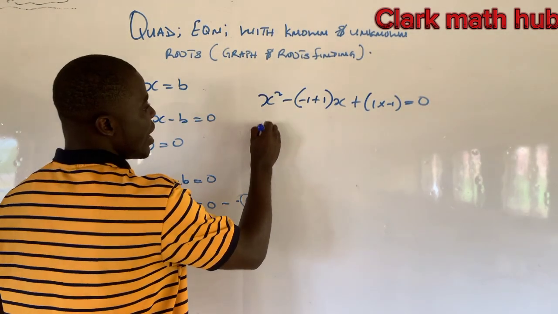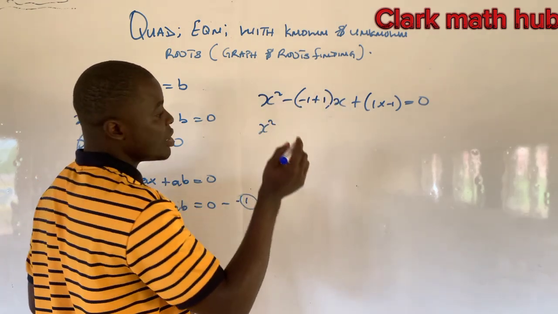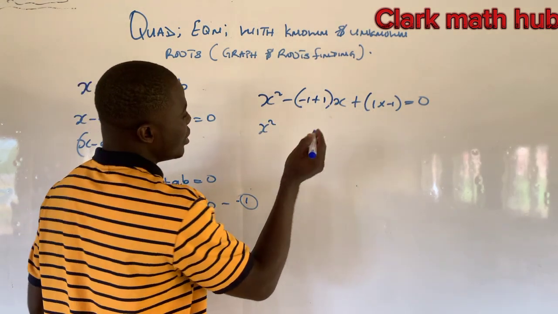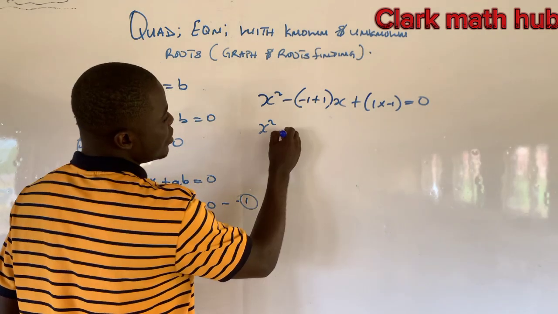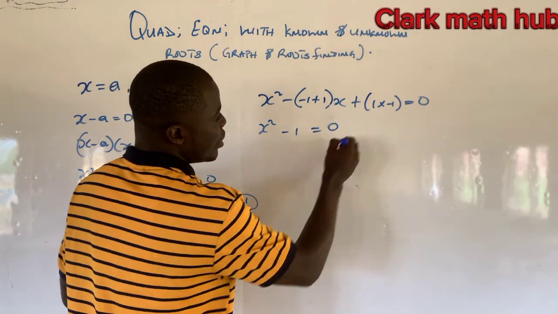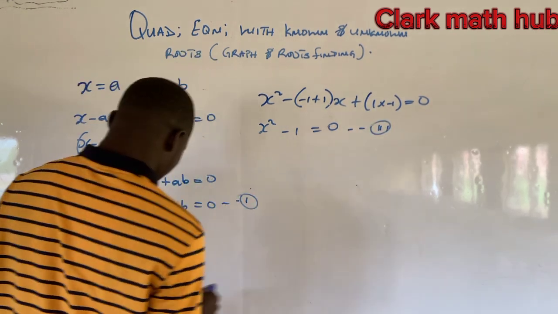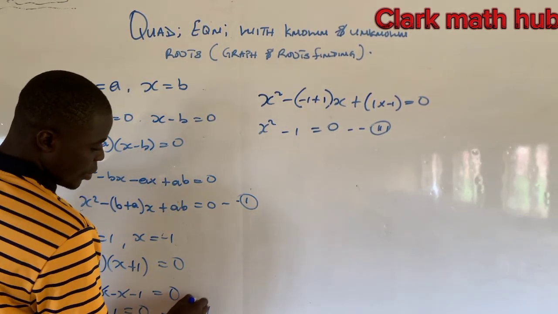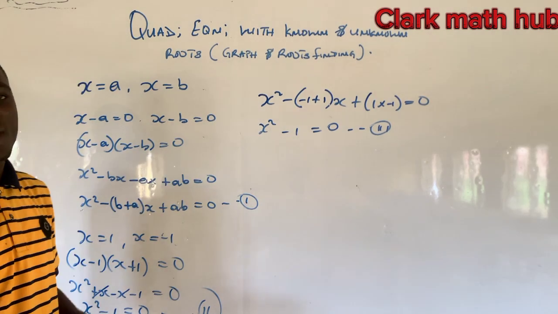Solving this, minus 1 plus 1 is 0, so the x term is out. Then 1 times minus 1 gives minus 1, so we have x squared minus 1 equal to 0. You observe that both answers are correct. You understand now?